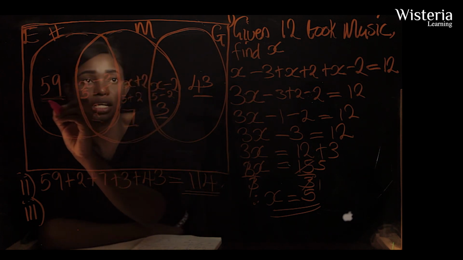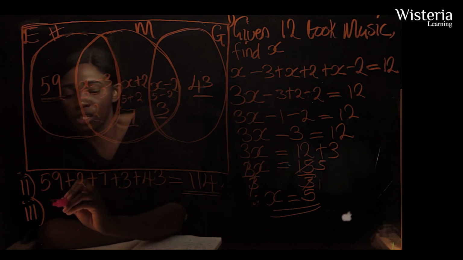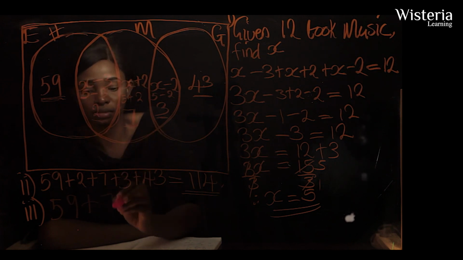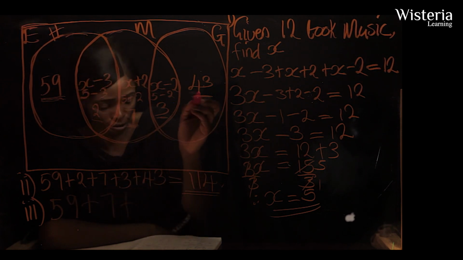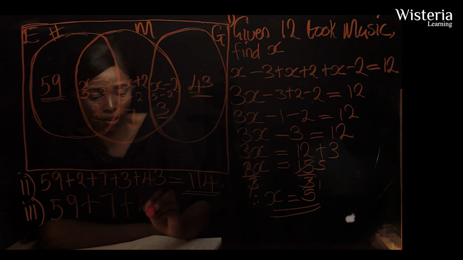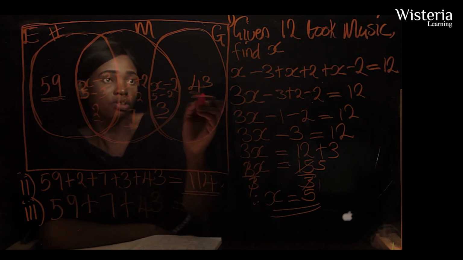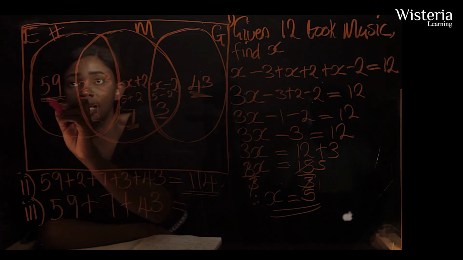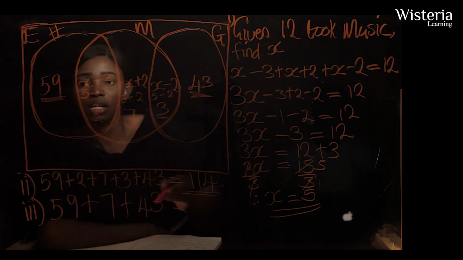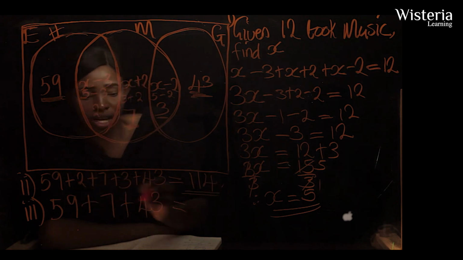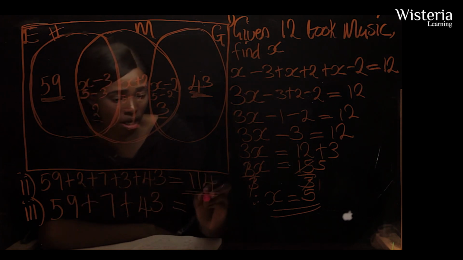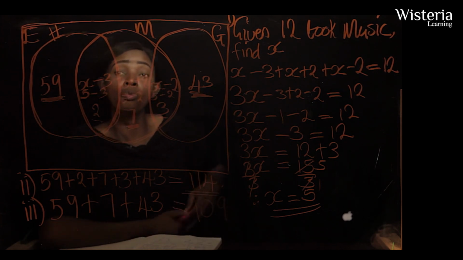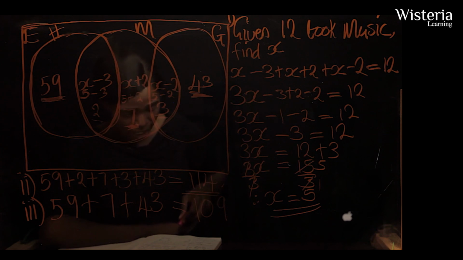There is 59 here, we have 7, and we have 43 there. So these 43 just took geography, these 7 just took music, these 59 just took history. We add those figures and we have 109. 109 of the learners took one optional subject only.